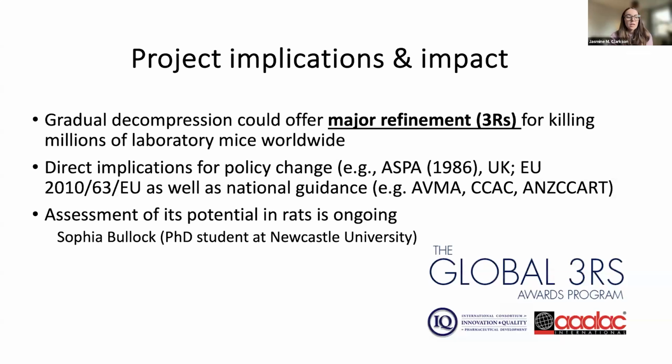I'm aware of time, so I'm going to wrap this up really quickly. The work has been really positive so far. It's very much an ongoing body of work, but at the moment, the evidence suggests that it could offer major refinement. As such, it could have direct implications for policy and national guidance.